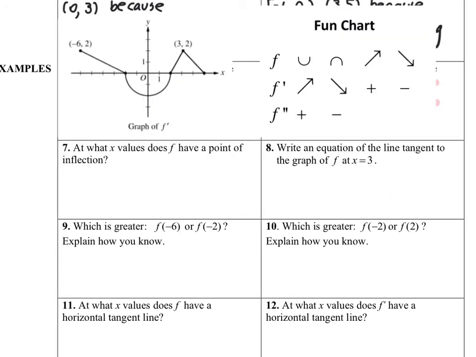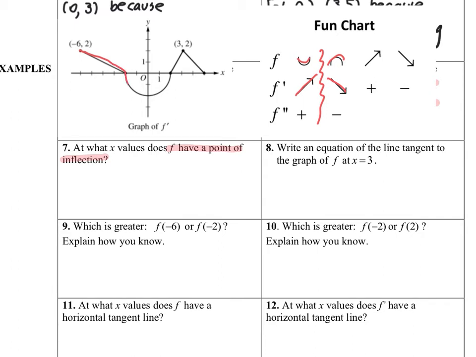Question number 7 is asking us to identify where f has a point of inflection. On our fun chart, our point of inflection was this in between. F has a point of inflection, concave up to concave down, where f prime goes increase to decrease or the other way around. When I look at my f prime graph, I'm decreasing, decreasing, decreasing.